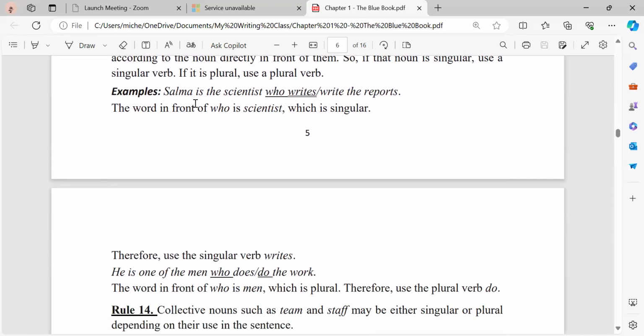So here's the example. "Salma is the scientist who writes" or "write" the report. The word in front of who is scientist, which is singular. So that's why we have to use the singular one, which is "writes," right here.